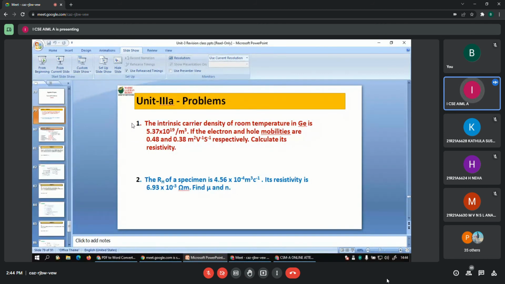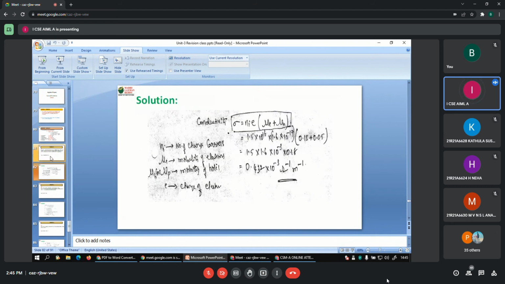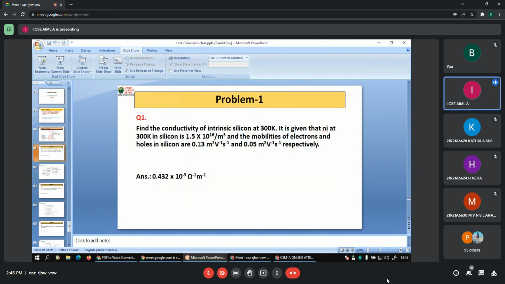Either you will get a problem in Hall effect or in semiconductors. In semiconductors, problems can be expected to find the conductivity or the resistivity. In Hall effect, they will give the RH value and ask you to find the resistivity. How to solve these problems we discussed in the previous class. This is the solution; this problem's answer is this much.